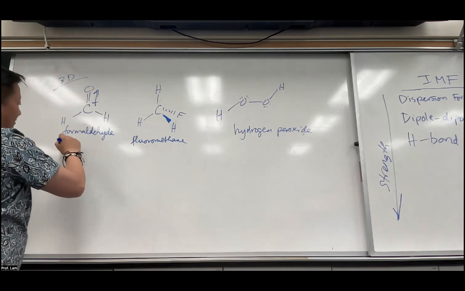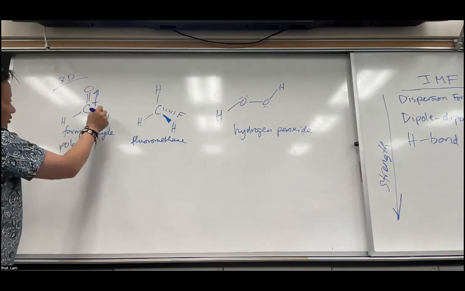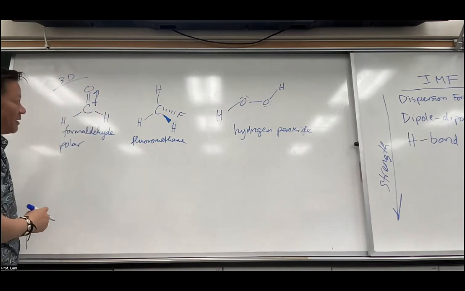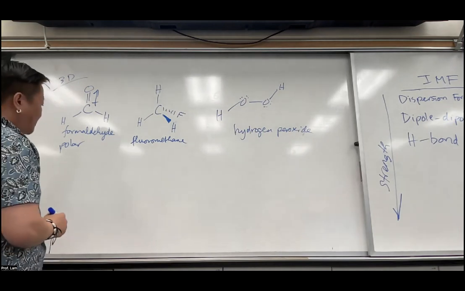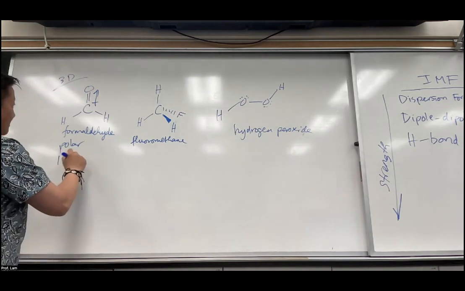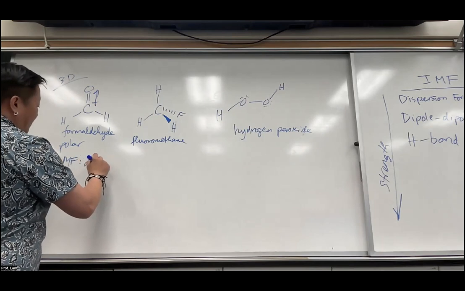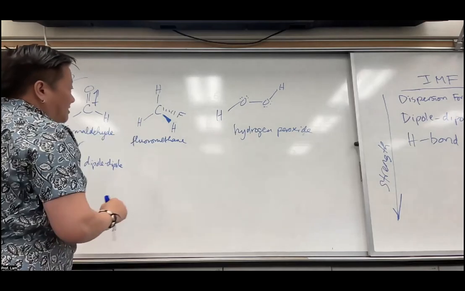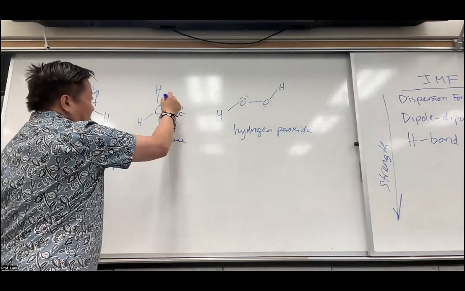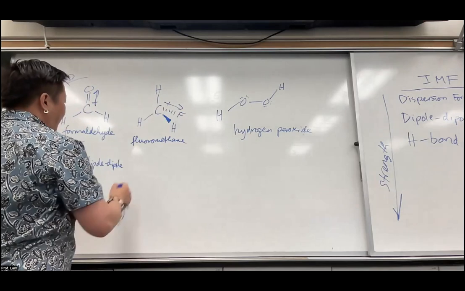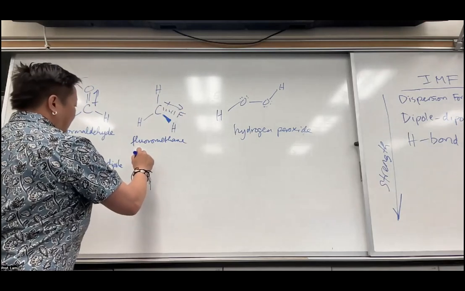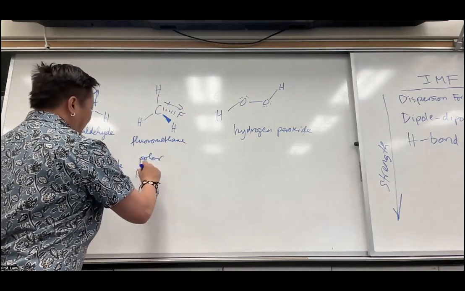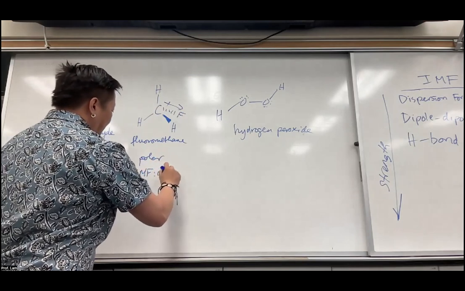So this is polar, right? We don't need arrows for CH bonds. So the IMF here is dipole-dipole. In this structure, don't draw any for CH, draw for CF. So it is polar as well, and the IMF is dipole-dipole.